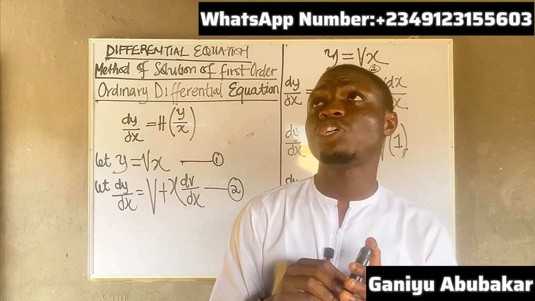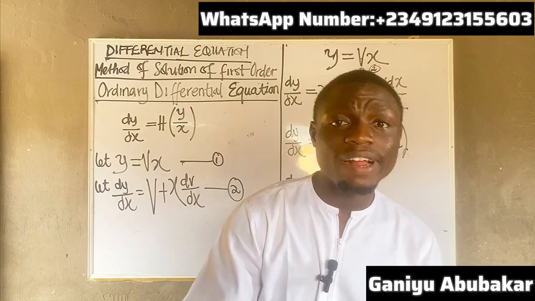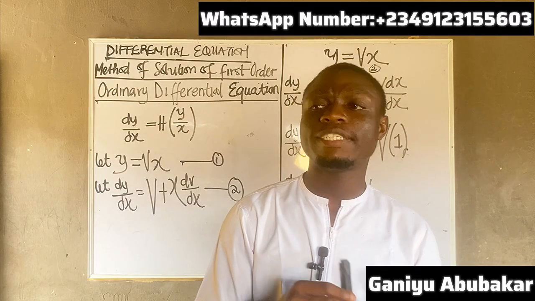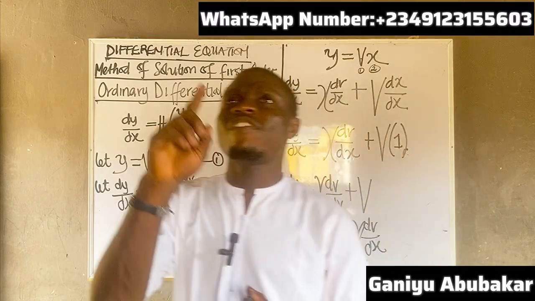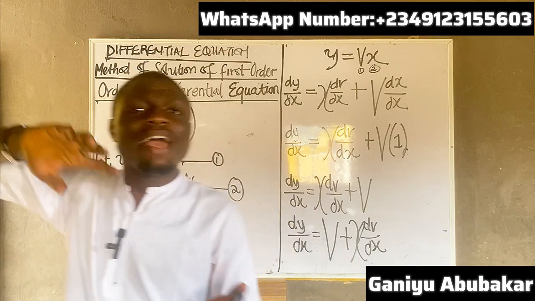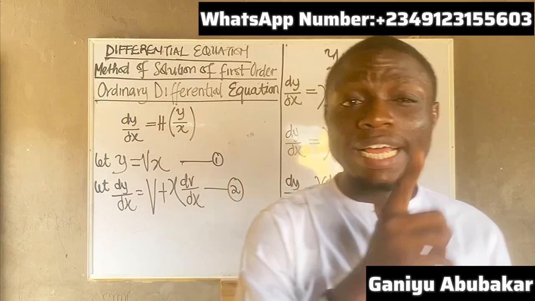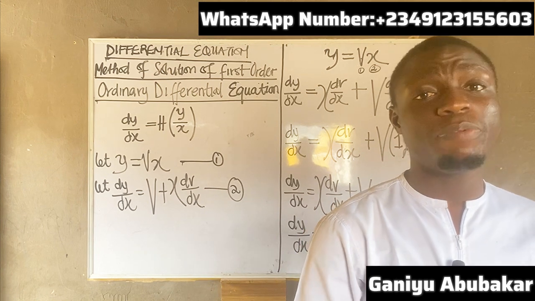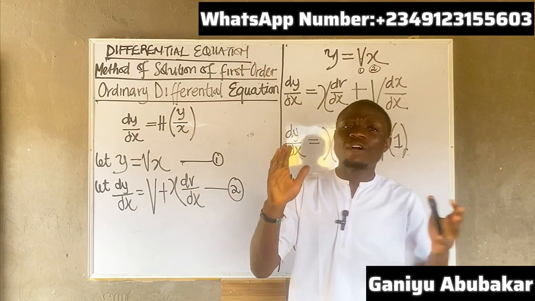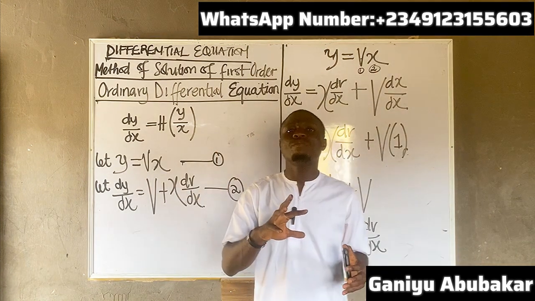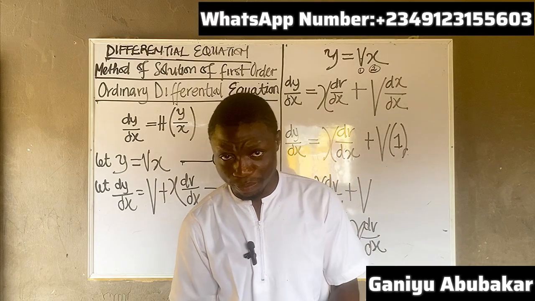Now, how do you identify problems under this method? For the direct integration method, we said the idea is simple: we're given dy over dx equal to everything in x. That's the first method. Second method is the variable separation method. We said to identify that one, you have a mixture of both x and y in the question.